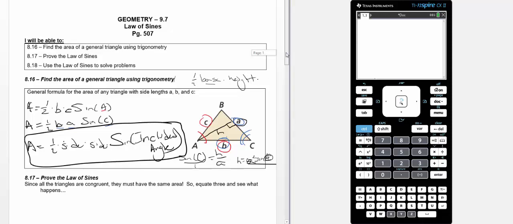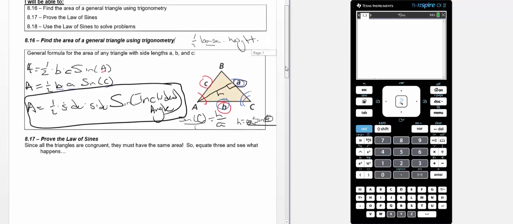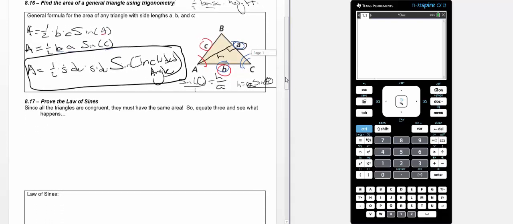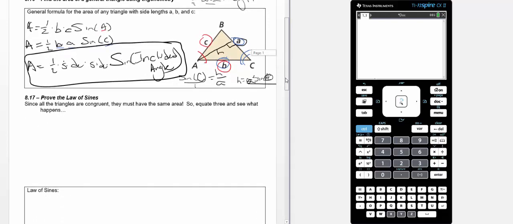What's nice is that we can apply this idea in a pretty clever way to find a way to relate the sides and angles of any triangle, whether they're right angles or not. So what I'm going to do is write down that there are actually three distinct ways to write the area of this triangle ABC, which all come from picking the angle to look from.